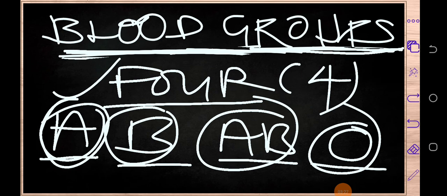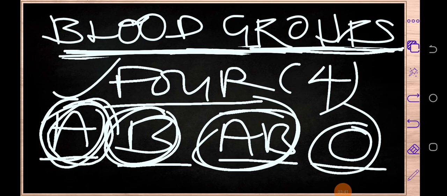When you go to the hospital, they test your blood group, then they will tell you you have got blood group A, or maybe B, or AB, or O. So how are the genes arranged inside your body? If they tell you you have got blood group A, how have the genes been arranged inside your body? That's what we are going to discuss.